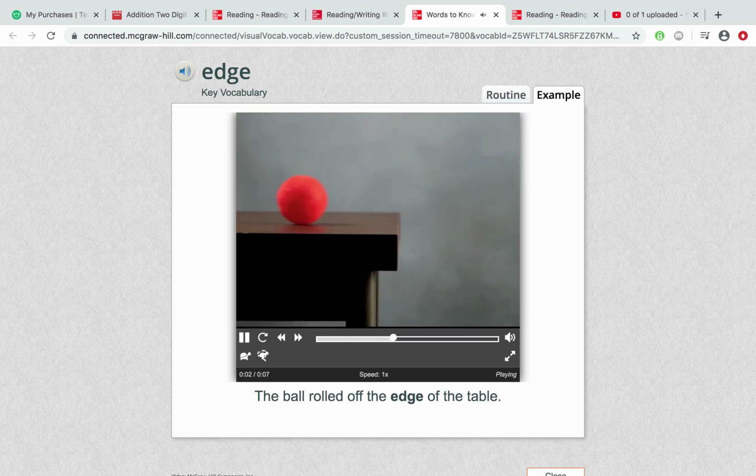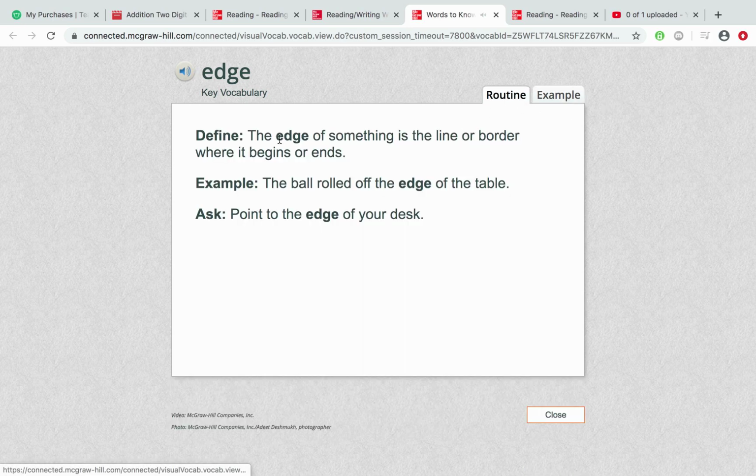The edge of something is the line or border where it begins or ends. Right, and that was the definition too. And that's the definition of edge. DGE, because E is a short vowel. Okay? That DGE there, something we learned about in phonics class.